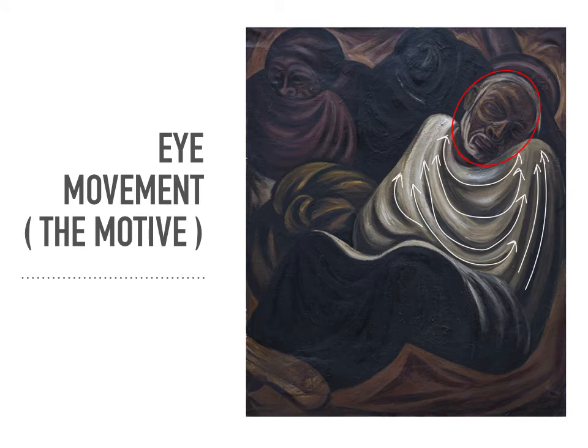The eye movement, as I mentioned earlier, puts the emphasis on the person, the old man in the front. But after achieving emphasis, after focusing on the person, our eyes follow a certain direction. The curves of the shawl lead to the face of the person, which is the motive of the whole painting, because the painting is all about emotion.